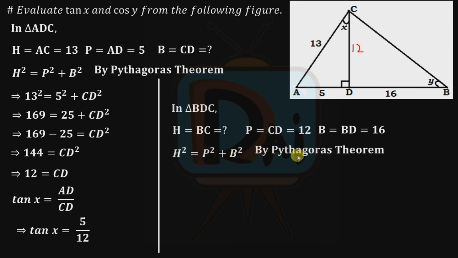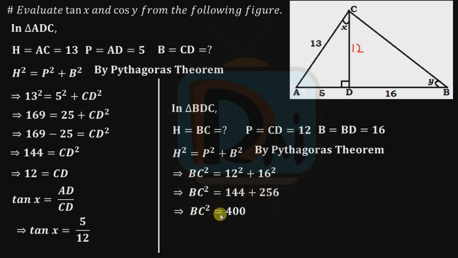By using the Pythagoras theorem, hypotenuse square is equal to perpendicular square plus base square. Hypotenuse means BC square, which is equal to 12 square plus 16 square. Square of 12 is 144 plus square of 16 is 256. So BC square is equal to 144 plus 256, which is 400. So BC is equal to 20.